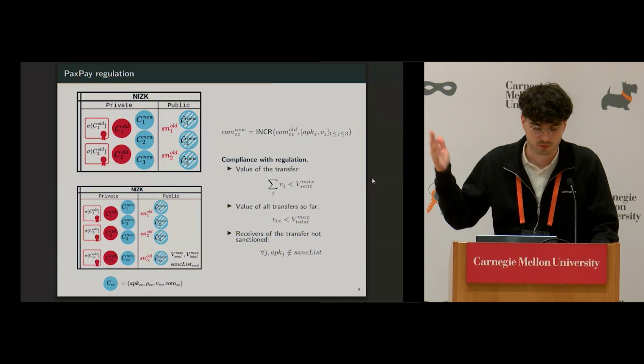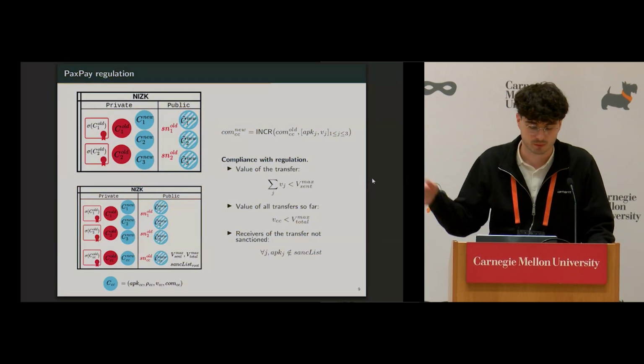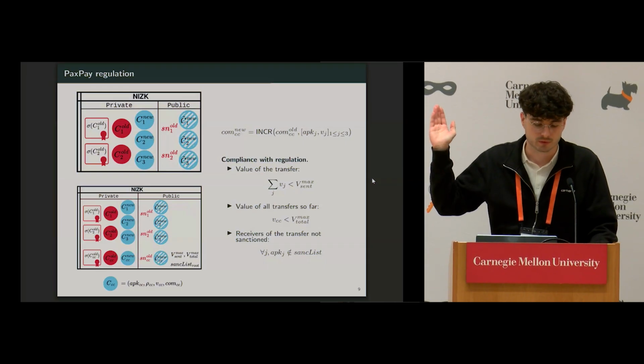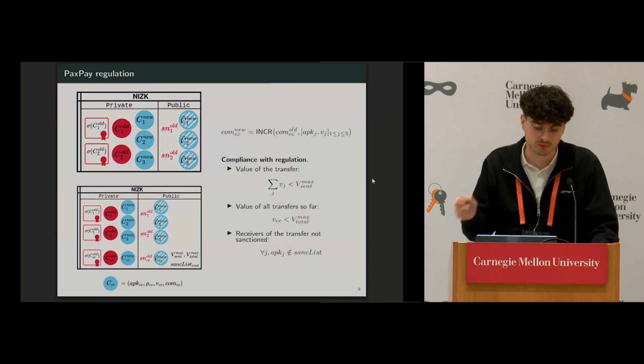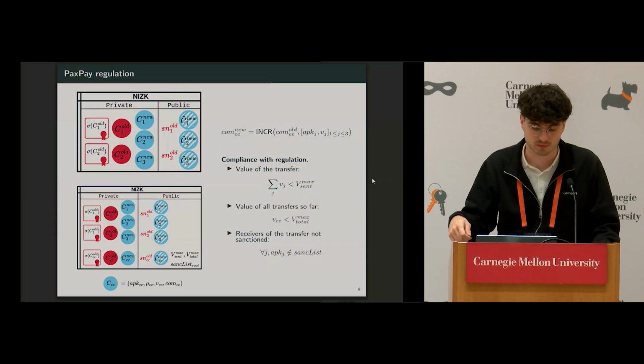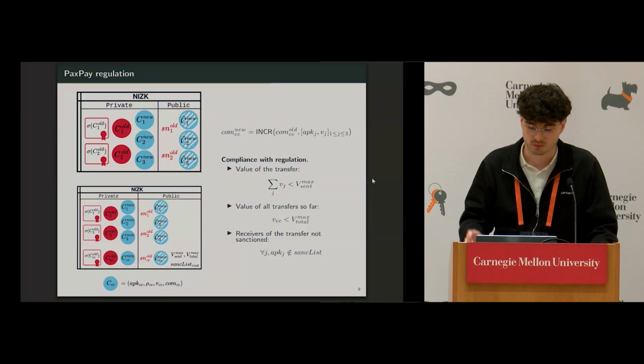The zero knowledge proof also ensures what we stated before: that the value of the current transfer isn't exceeding certain limits, that the total value the user has spent isn't exceeding another limit, and that the receivers of the transfer are not a member of the sanction list. So this is just a proof of non-membership verified within the zero knowledge proof.